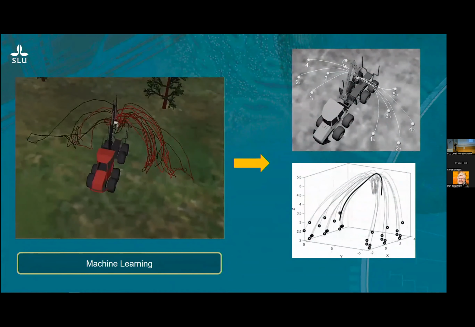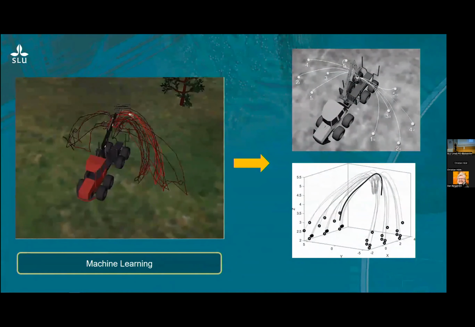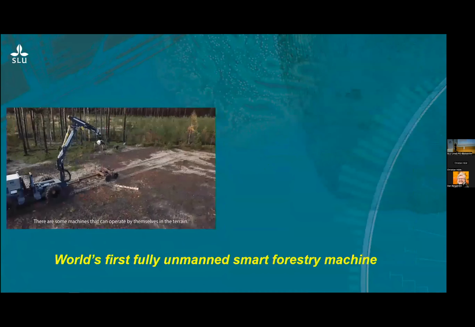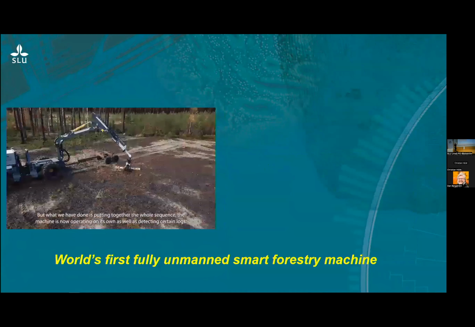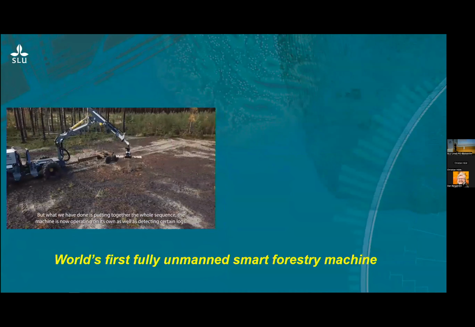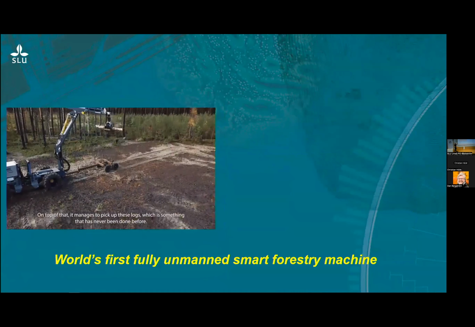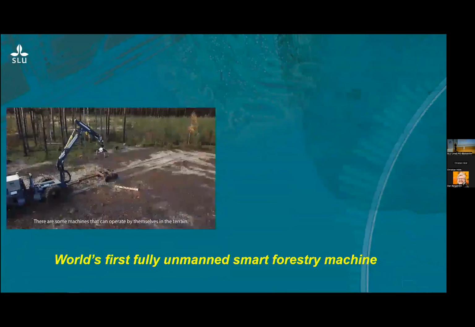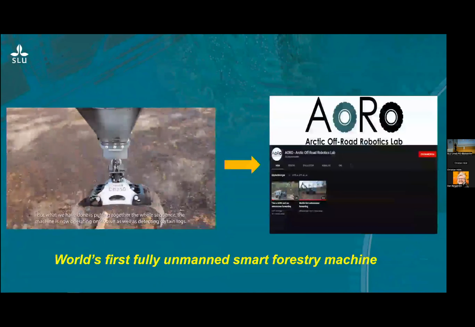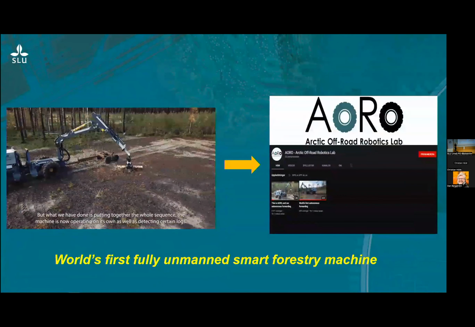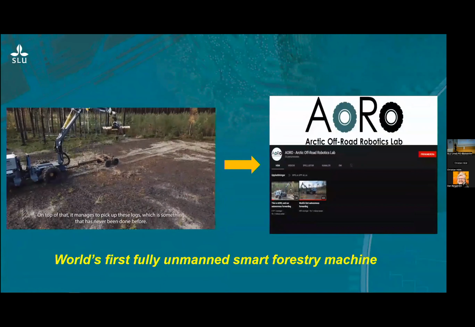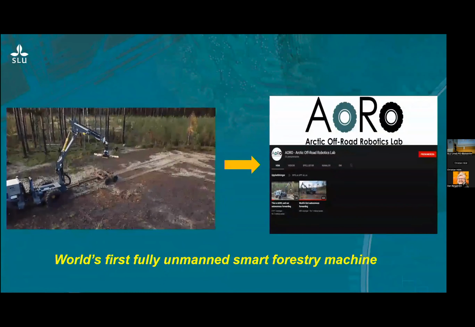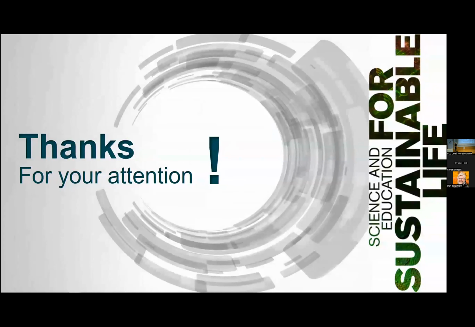And because it has all the other controllers in it, it can grab the log accurately. That is what was in the video that Magnus was showing, specifically how this crane has been able to do fully autonomous forwarding. If you are interested in seeing it, there is a YouTube video showing all these experiments. So that's all.